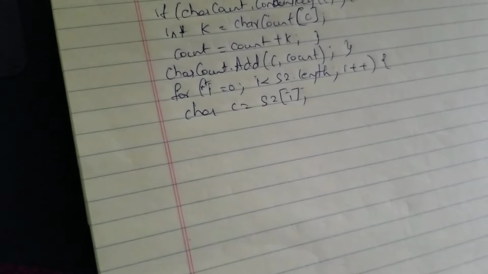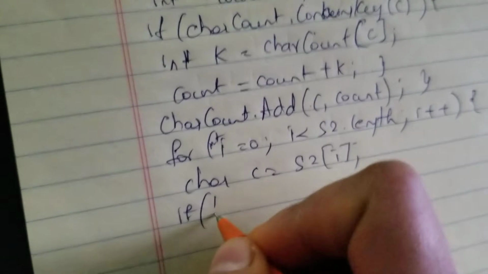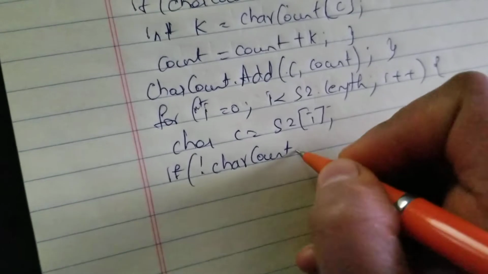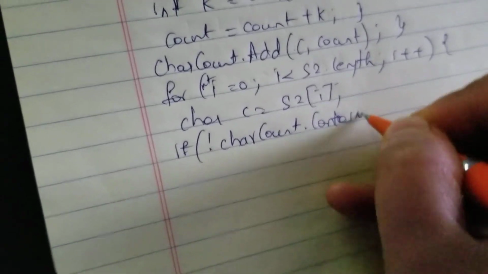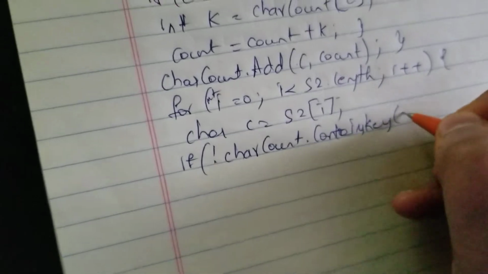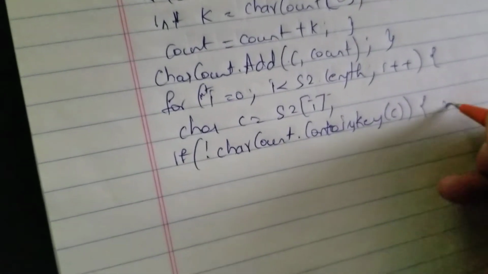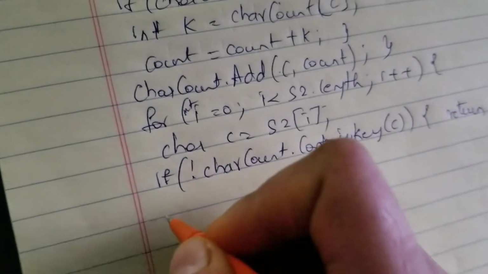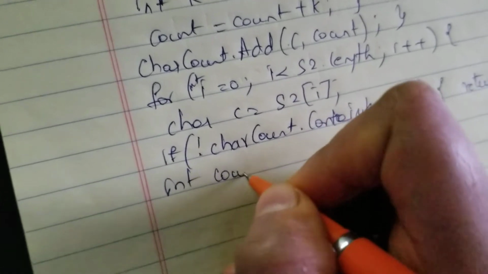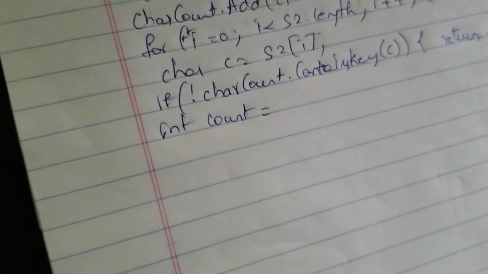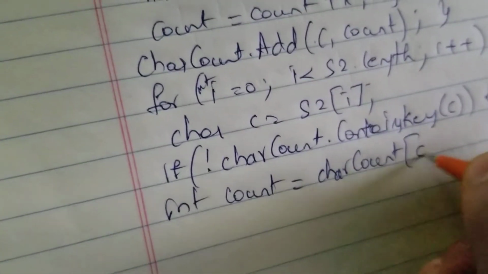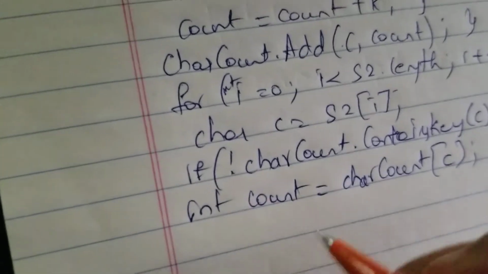Then if not char count dot contains key of c, then return false. Now int count equals char count of c.